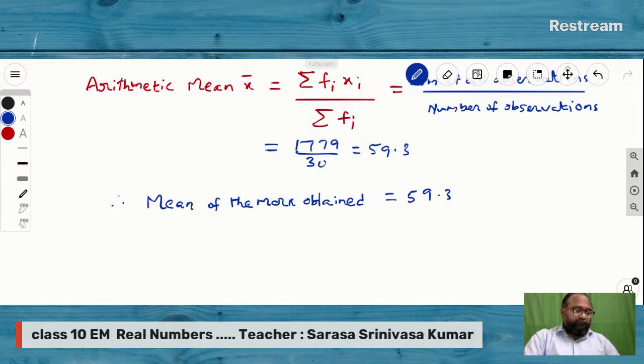Based on this model, now next problem. Let me explain this problem again.